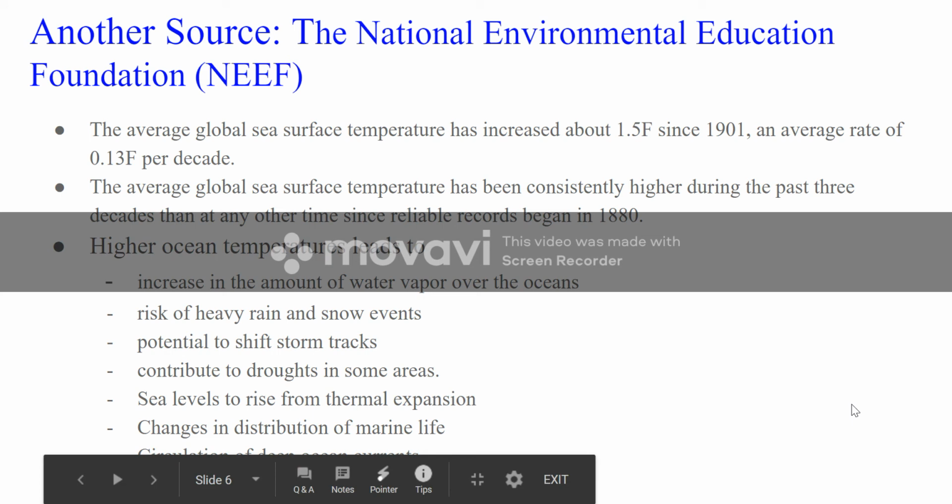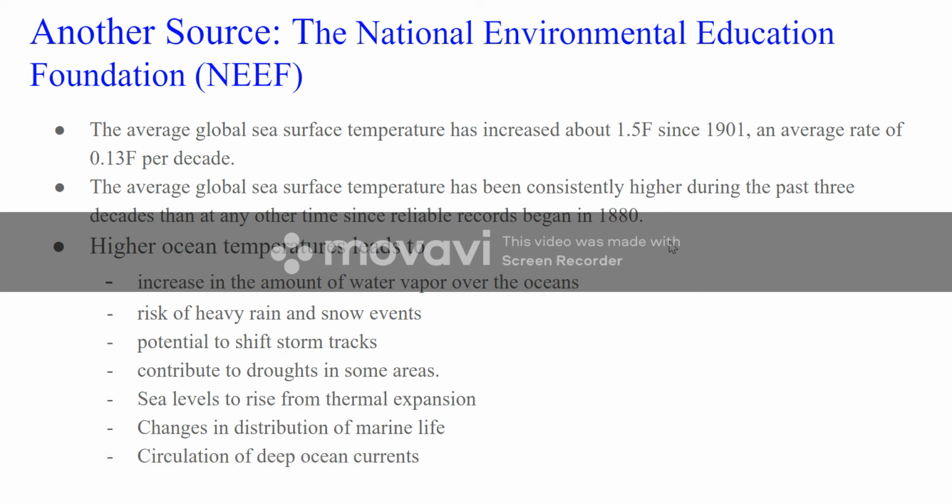Higher ocean temperatures lead to, so these are the effects of the climate indicator, an increase in the amount of water vapor over the oceans. With the increase of water vapor, it can cause a risk for heavy rain and snow events.